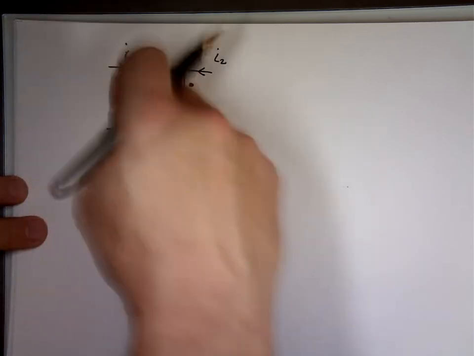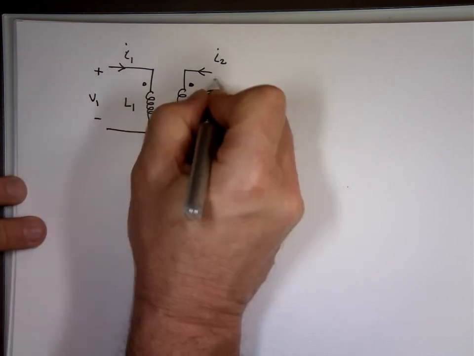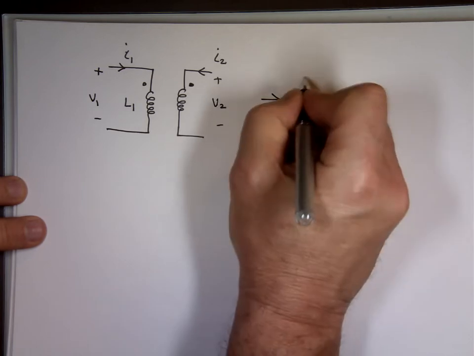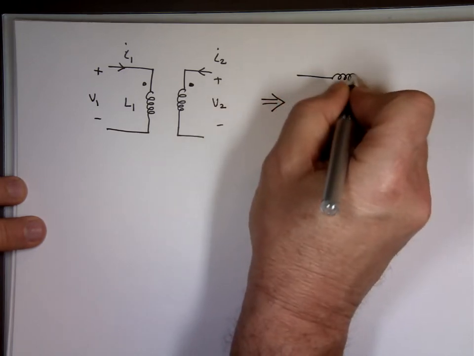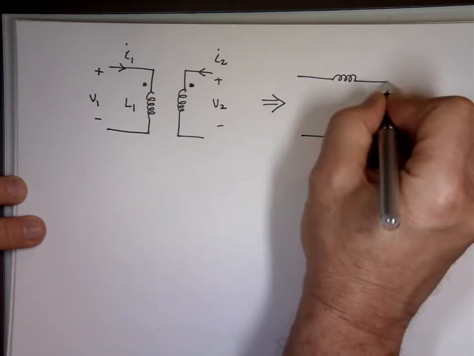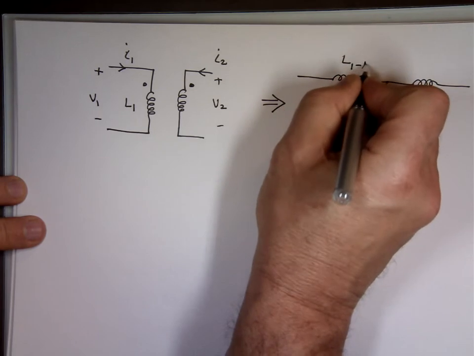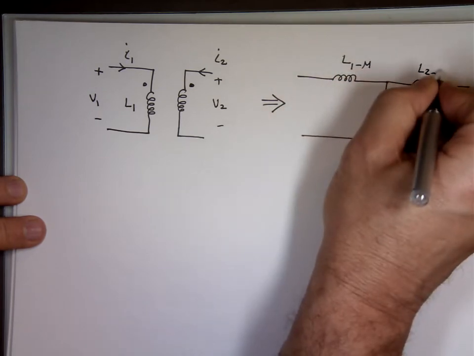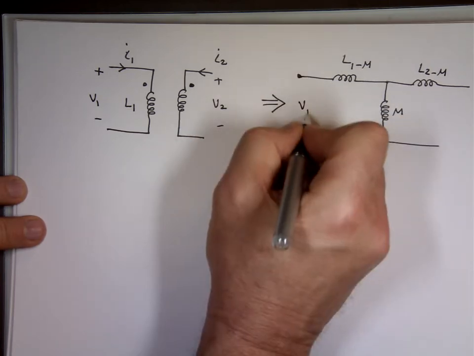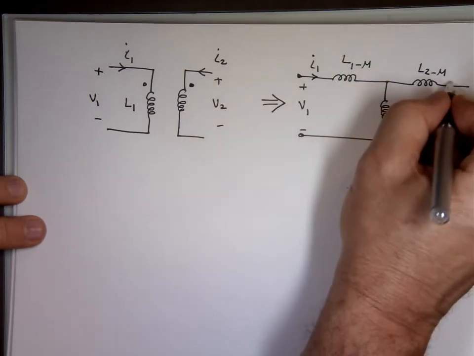Notice they're both entering the dot. We just proved that we can take this one and replace it with L1 minus M, L2 minus M, and M, and this is V1. I sub 1 still entering, I sub 2 still entering.